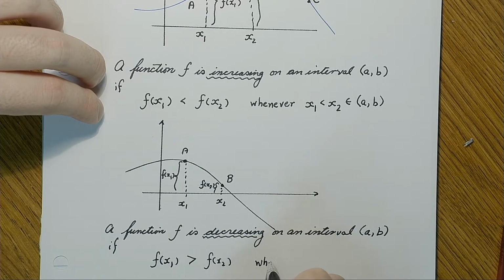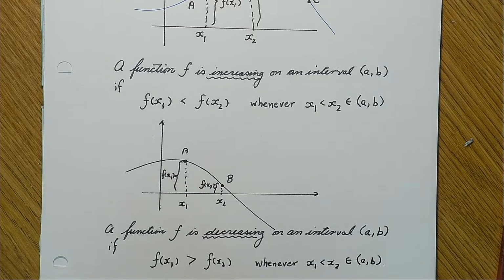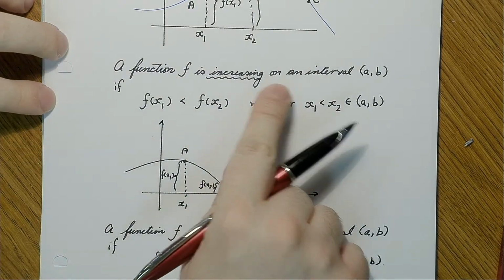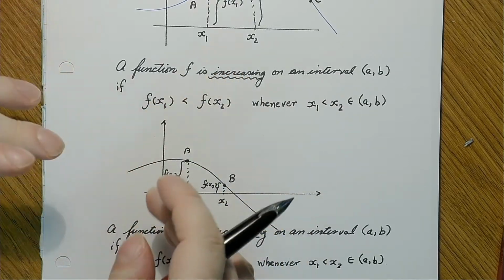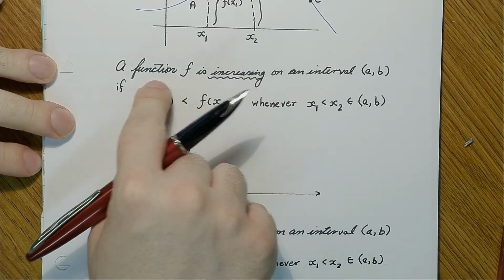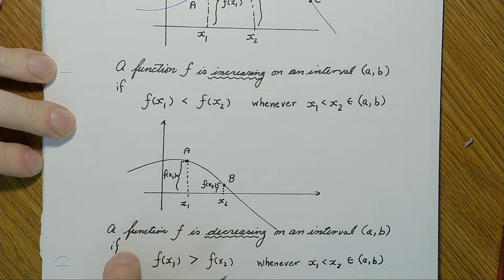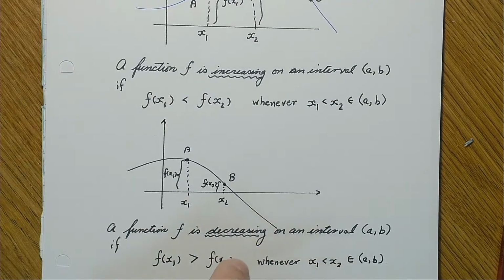And that's whenever, or you could think of it for any points x1 which is less than x2, which is in the interval. So with these, what you'll be asked are typical questions, such as: where is the function f increasing, on what interval, and where is the function decreasing, and on what interval?